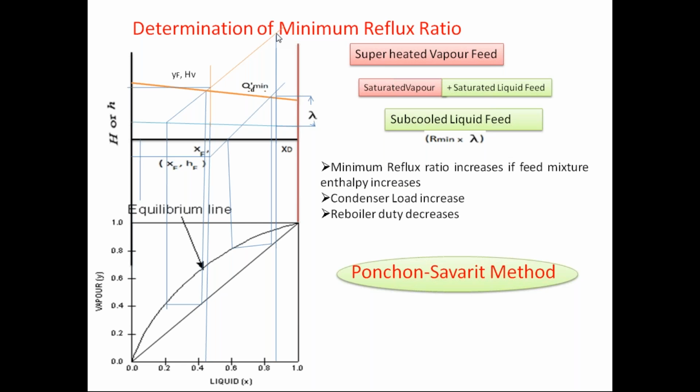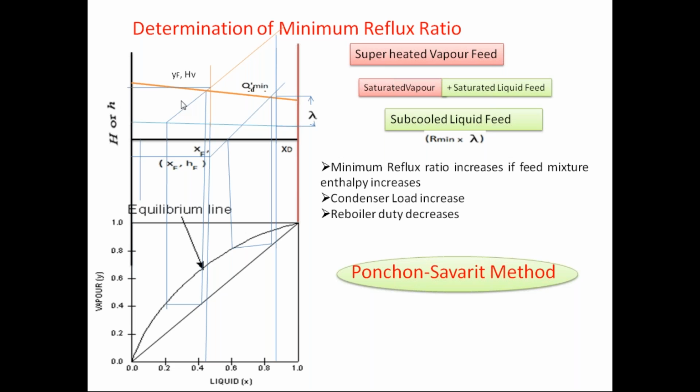It is very high, so this much height you have to give. That means the condenser has to take a lot of load, it has to remove more heat than in the saturated vapor case. So this is again a pinch point.